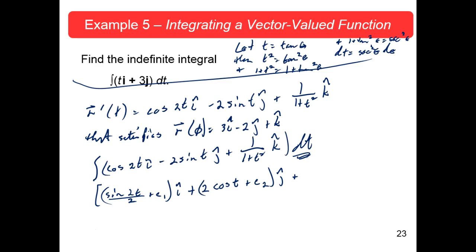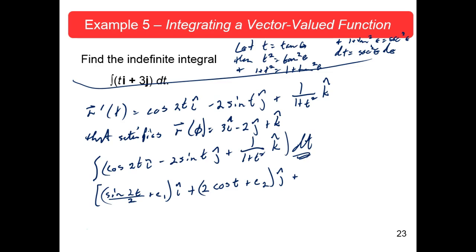Okay. Now, what we have is a pretty interesting situation. If we just look at the integral of this term, dt, our numerator is a dt, and that's secant squared d theta, and our denominator is 1 plus t squared, which is secant squared theta. So this is secant squared theta over secant squared theta, which is 1.